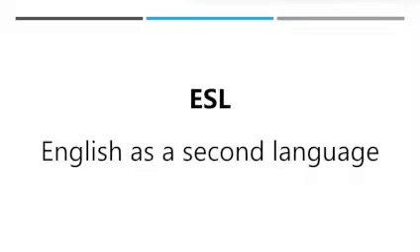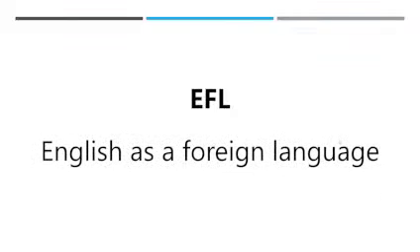So English is the first language in the United States, but if you are an immigrant from Algeria, then English becomes your second language, and that's what we mean by English as a second language. The next one then is EFL, which is English as a foreign language. Now, this is different from ESL because, as I said, EFL students predominantly learn English as a foreign language within their own native country.